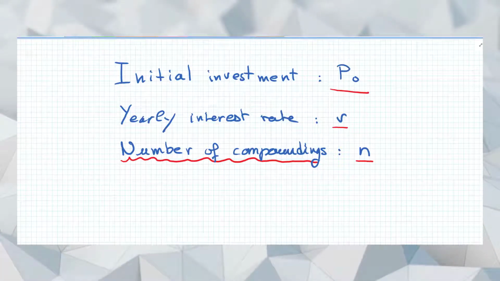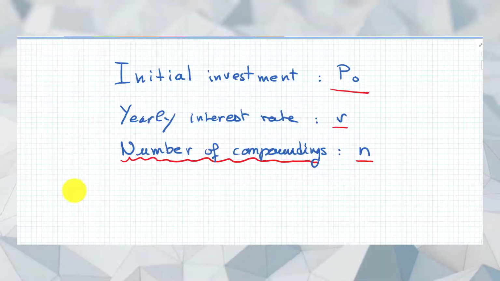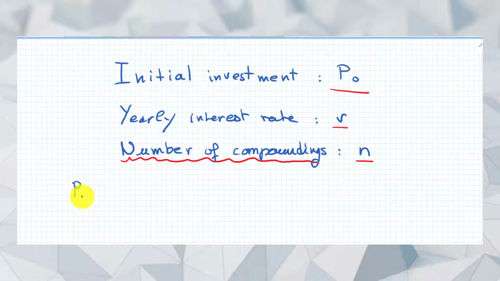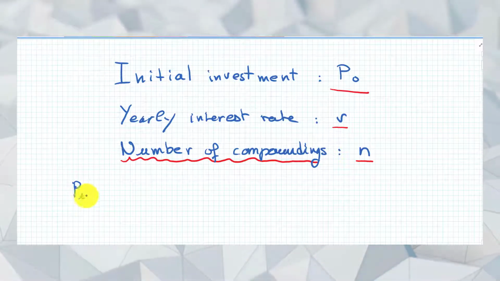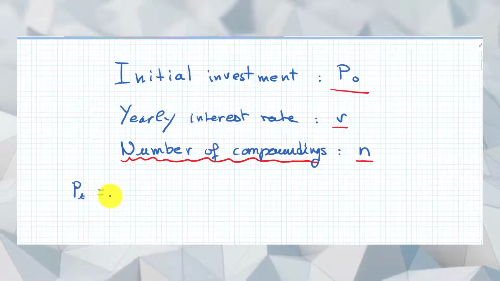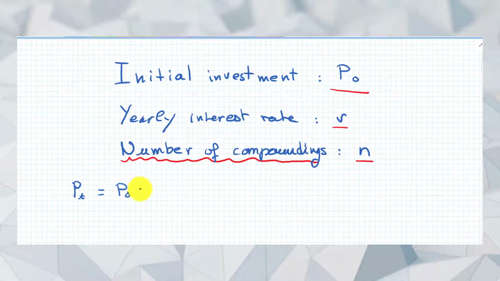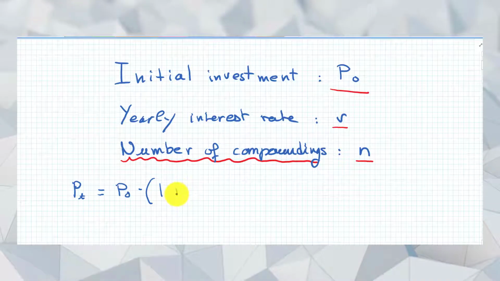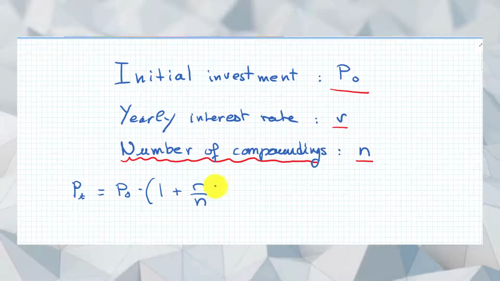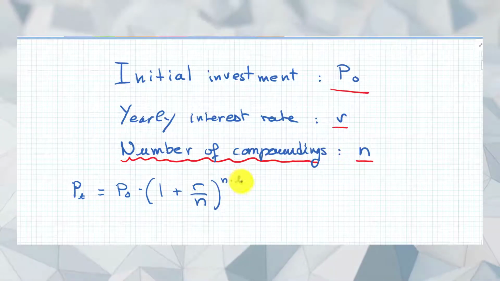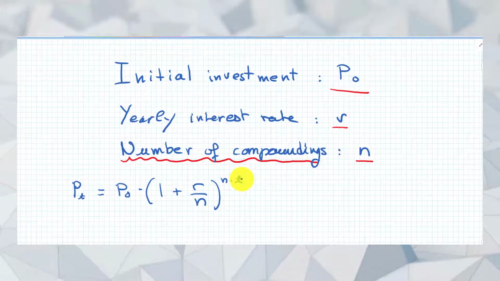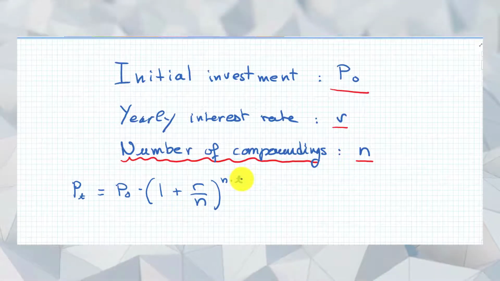So first, let's write the formula for what we have at the end of t years if we have n compounding a year. How much will I have in my account? Well, P0 times 1 plus R over n to the power of nt. This is the compounding n times a year formula.